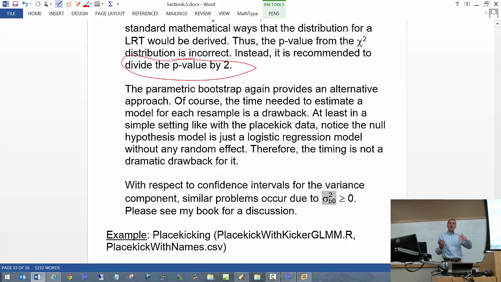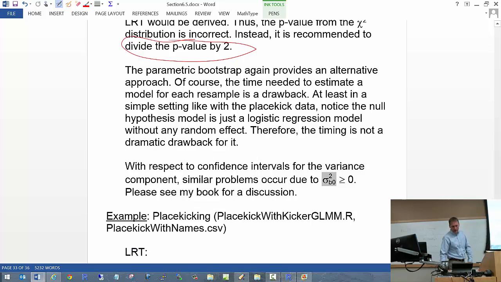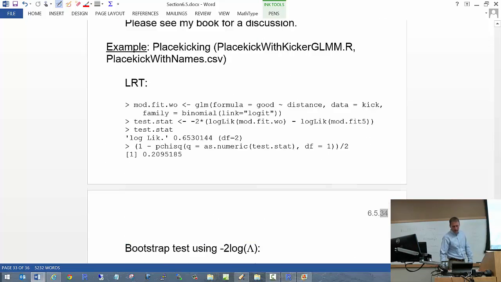In a very similar manner to what we just got done talking about when we did a test for distance, we could do a test for sigma squared here. Take resamples under the null hypothesis model, let's say 2,000 of them, calculate -2 log lambda for every single resample, and look at the -2 log lambda for our original data, look at its placement with respect to the distribution that you're simulating. So let's take a look at how to do this.